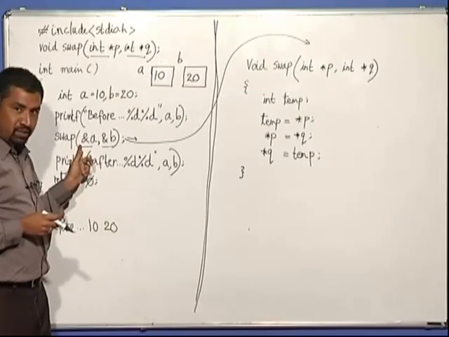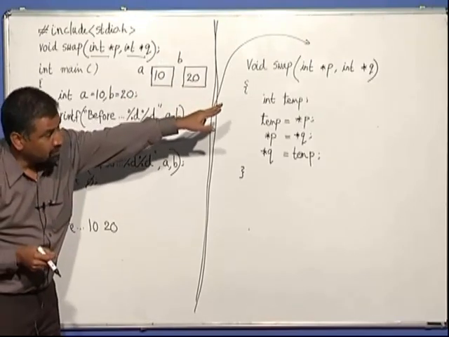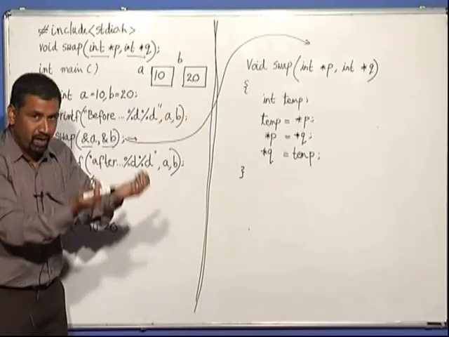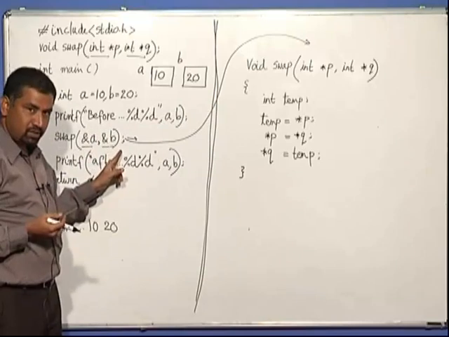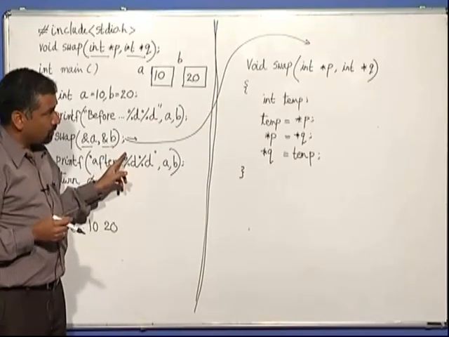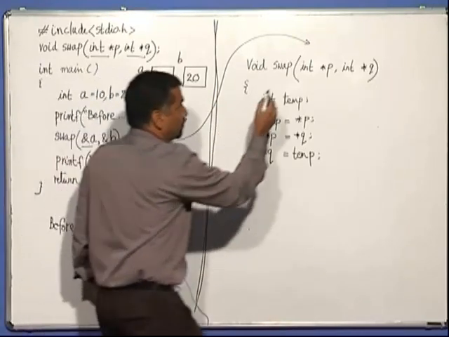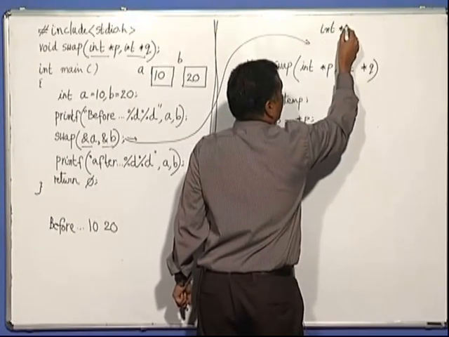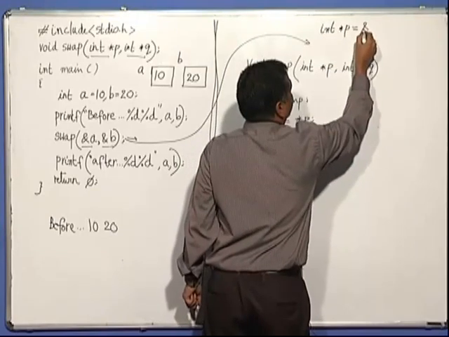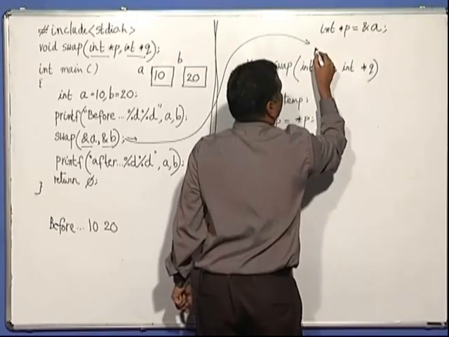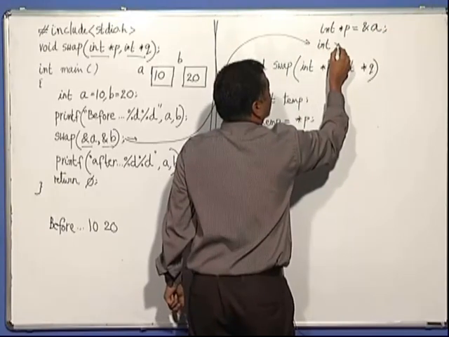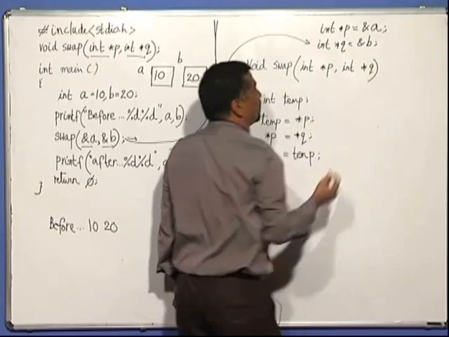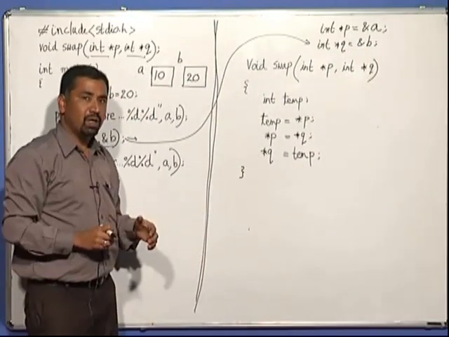Where do you store addresses? In pointers. Do you have pointers waiting there? Yes. P is a pointer, Q is a pointer, waiting to receive these addresses. So it is simply equivalent to writing int star P is equal to ampersand A, and int star Q is equal to ampersand B. So that is what is going to happen now.